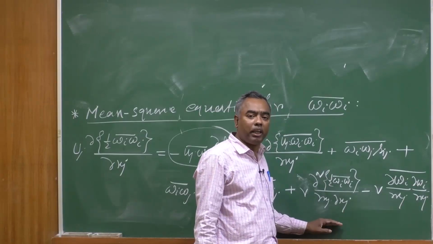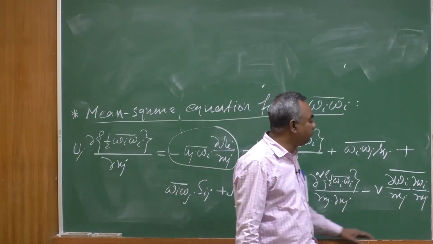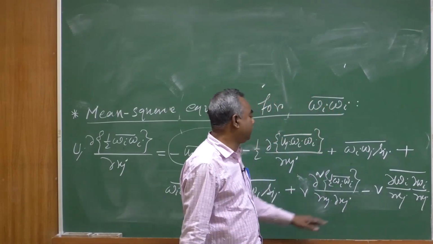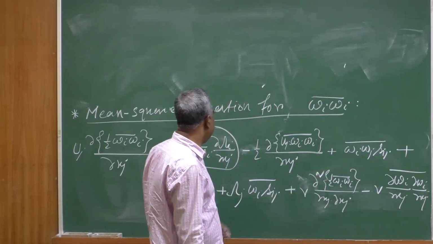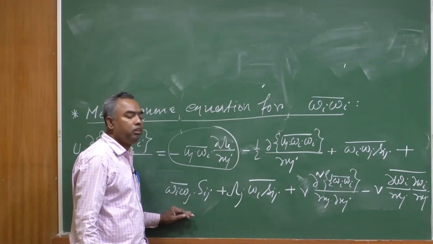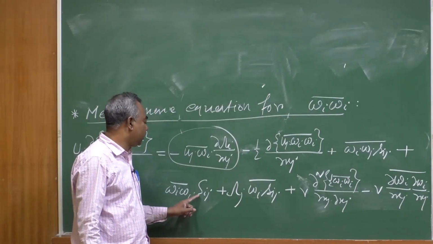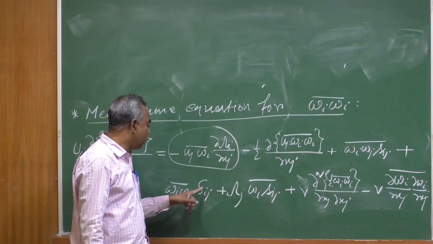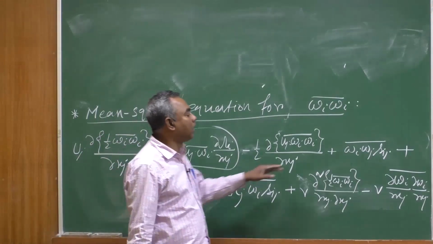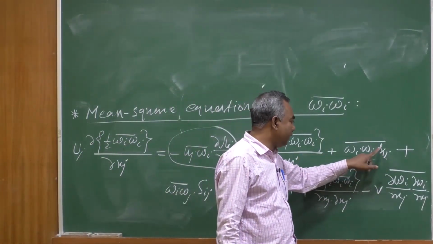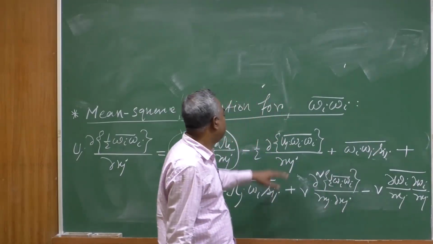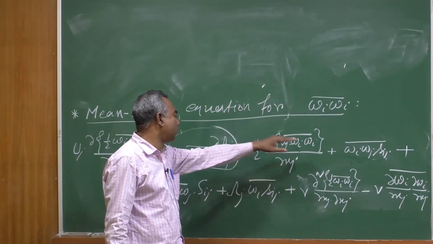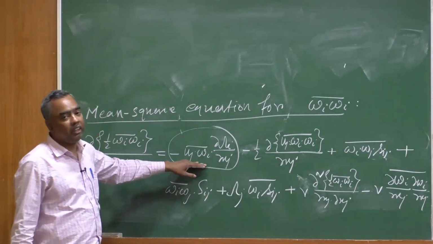this is the diffusion of the entropy, and this particular term is the dissipation. So, this is dissipation, diffusion, mixed production, then production by stressing by the mean strain rate tensor, production by stressing by the fluctuating strain rate tensor, and this is your transport by turbulent velocity fluctuation, and this is your gradient production.